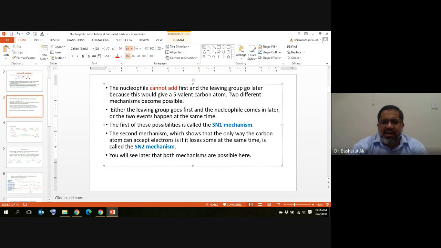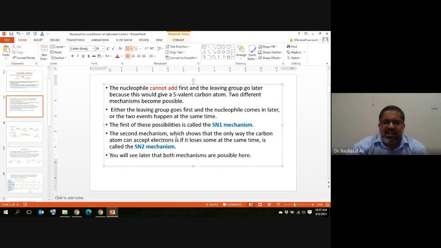When leaving and addition occur at the same time, it is known as the SN2 mechanism, and those reactions in which the leaving group leaves first and the incoming group comes in the second step are known as the SN1 mechanism. The first of these possibilities is called the SN1 mechanism, that is, the leaving group goes first and the nucleophile comes in later.